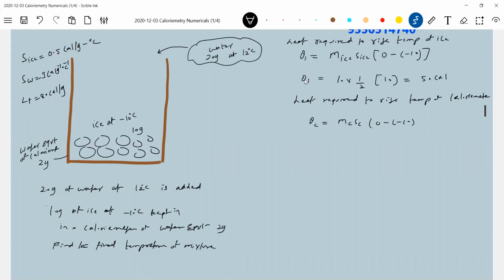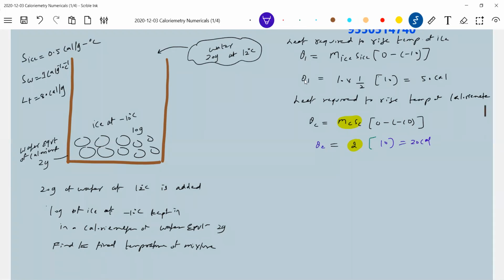Tell me, what shall I do? Anybody wants to reply? Water equivalent is given, that you're going to write here. There's a trick. So this will be 10, so 20 calories is needed for the calorimeter.